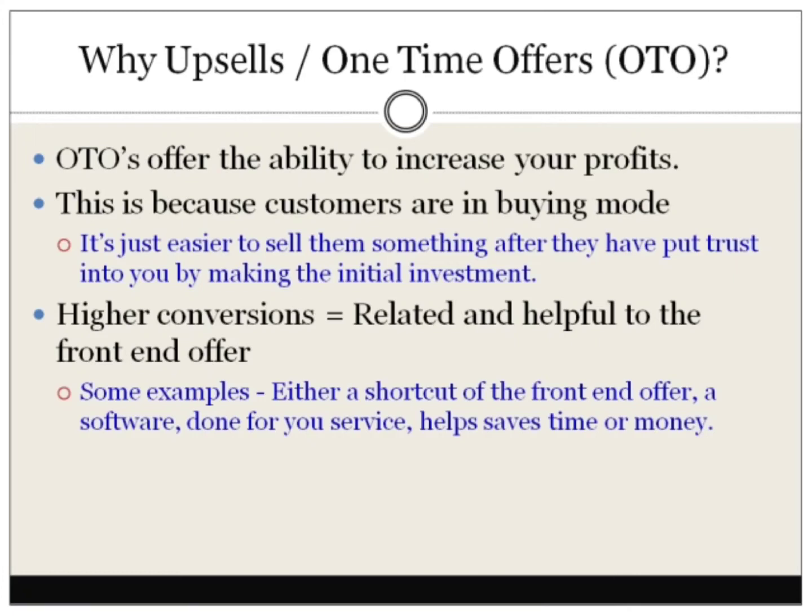So that could be your one-time offer. For somebody who wants to speed the process up, which is likely to be most people, they're probably going to invest more money into your one-time offer. You can also offer a software, a done-for-you service, or something that helps them save time and money.